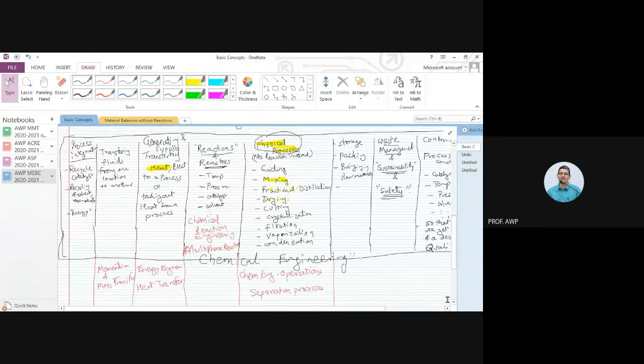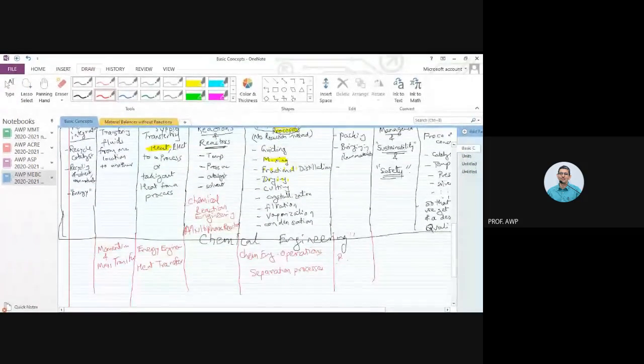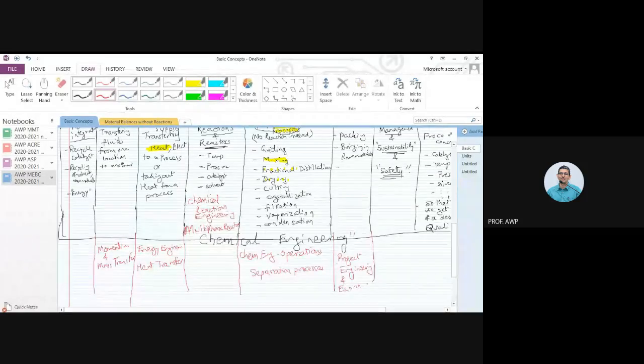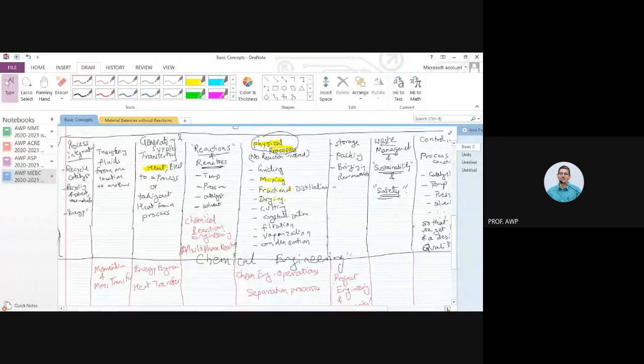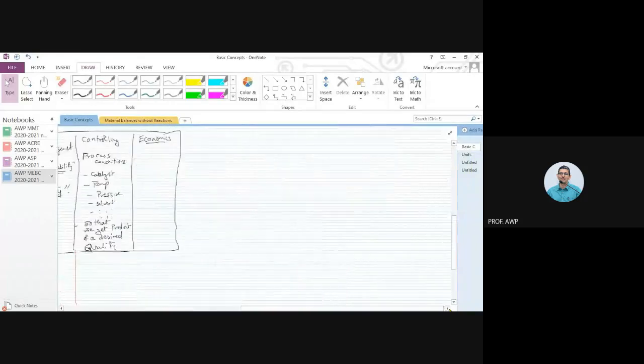Storage, packing, right? Bringing in something called project engineering or process engineering. There is a course called Project Engineering and Economics in semester 7, right? So the economics part that is here, that is all going to come in this Project Engineering and Economics course.